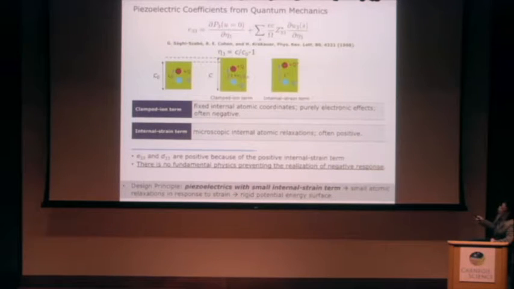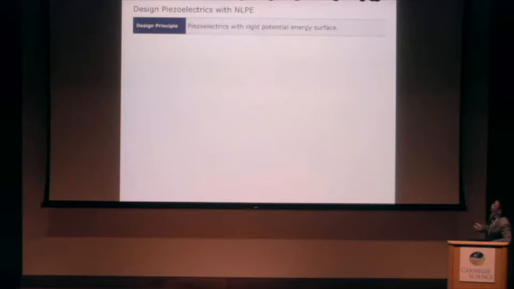As you can see, the internal strain term depends on the Born effective charges and also the atomic relaxations. So piezoelectric materials with a rigid potential energy surface are more likely to support a negative e33 and d33, and this is our general design principle. That is to find materials with rigid chemical bonds.